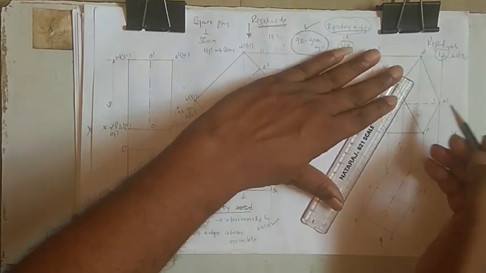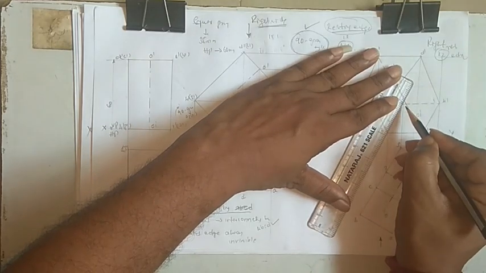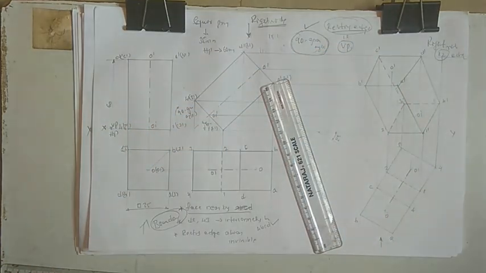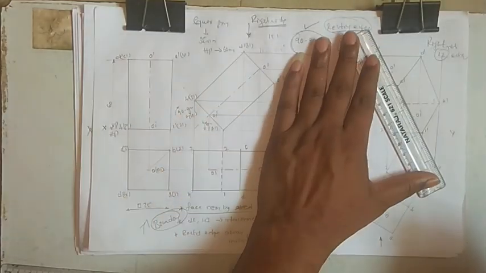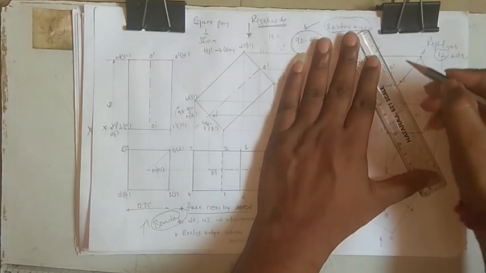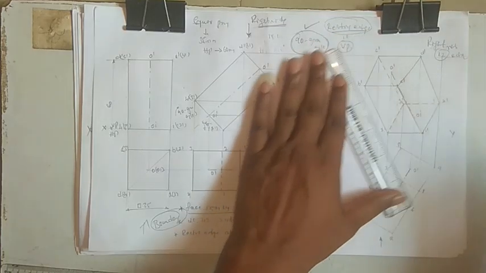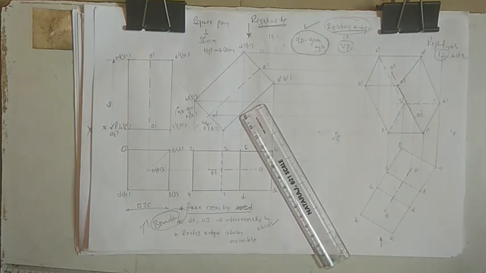Next 2 to 3 is also not visible, dotted line, okay. So next O to O1 is an axis line like this. This is how exactly it is visible, okay.